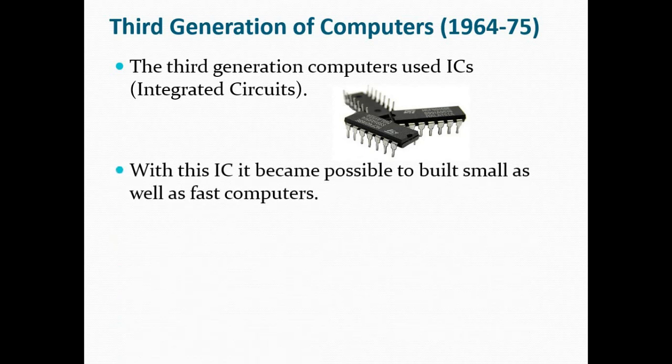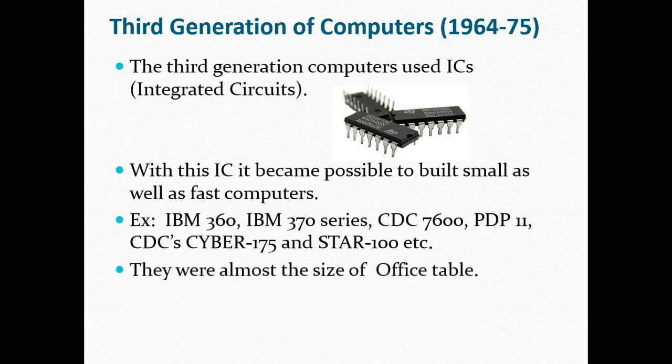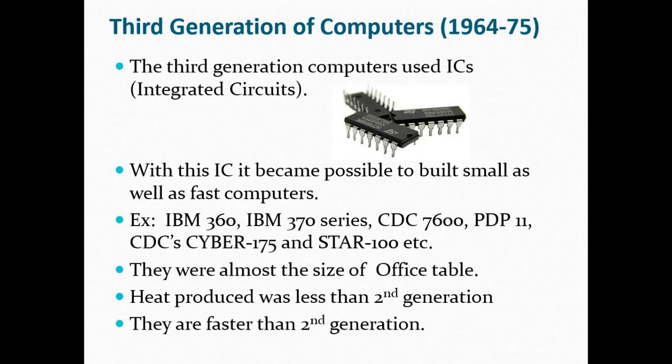With this IC, it became possible to build small as well as fast computers. Examples: IBM 360, IBM 370 series, CDC 7600, PDP 11, CDC Cyber 175 and Star 100. They were almost the size of an office table. Heat produced was less than the second generation of computers and they were faster than the second generation of computers.